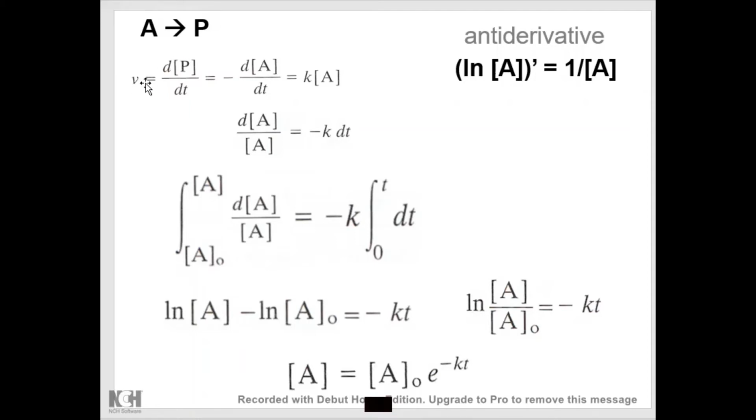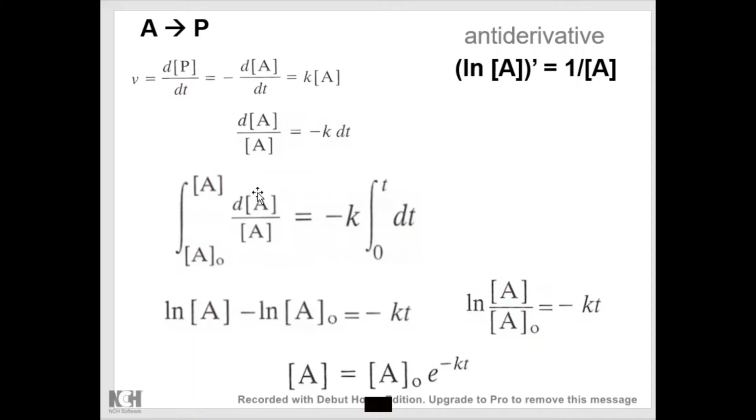As we know, the rate of reaction is proportional to the concentration, and let's transform and solve this differential equation. I transfer all parameters containing concentration of A on the left and time on the right, integrated from time 0 to current time t, and concentration at time 0 to concentration at current time.